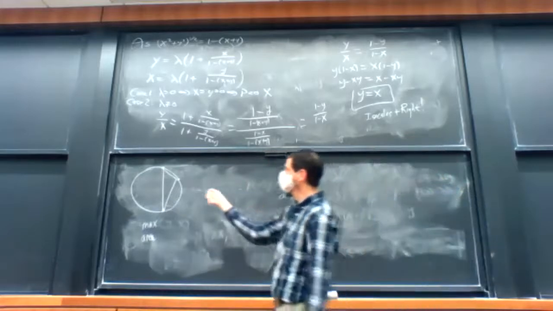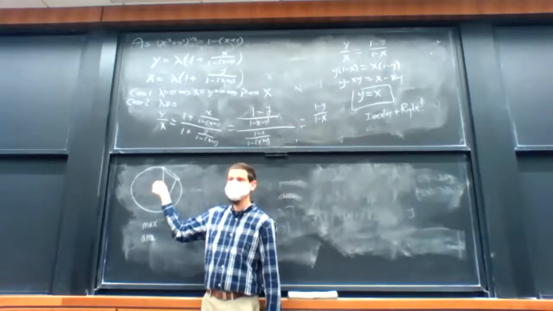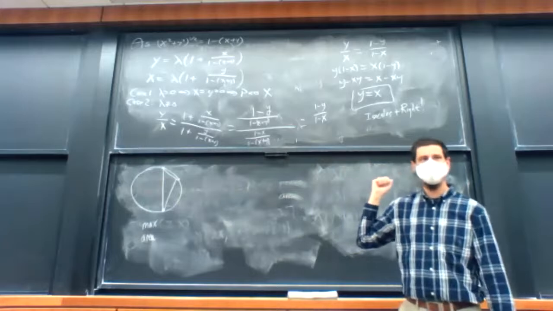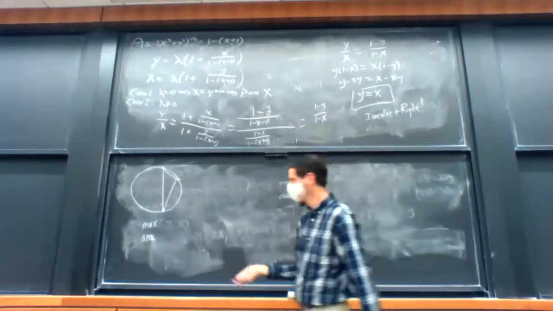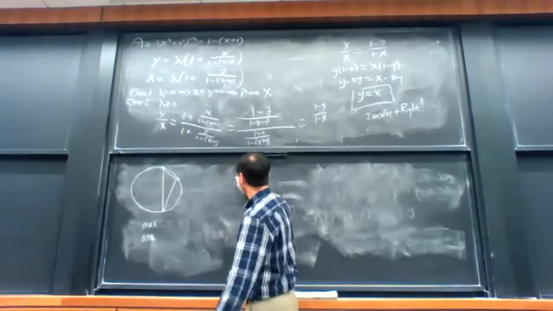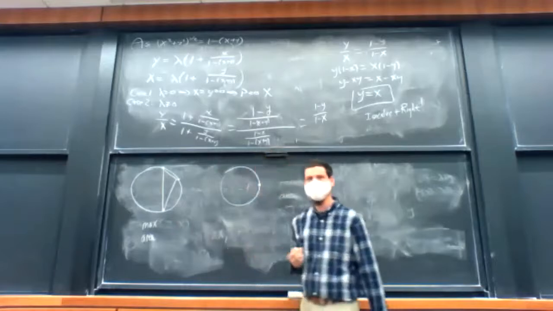Well, 0, 0 would be the center of the circle. I need a point on the circle. Without loss of generality, I can assume my point is at... Give me a point on the unit circle. That's not on, that's the center. 1, 0.